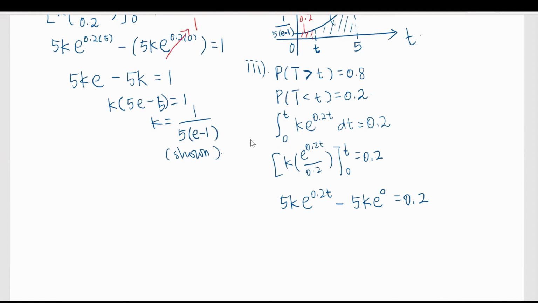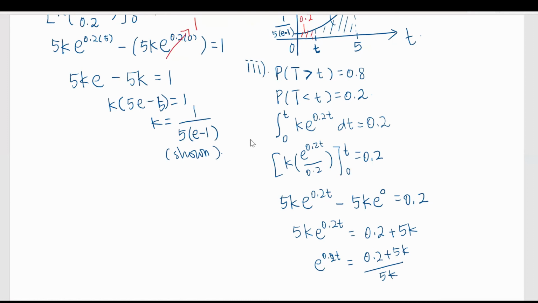So what can we calculate? All right, so we calculate out this value.